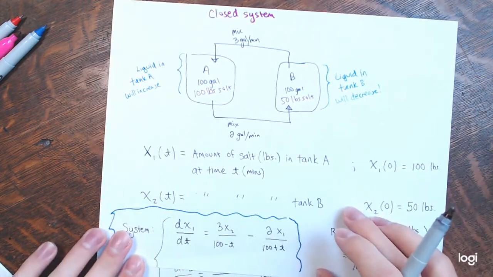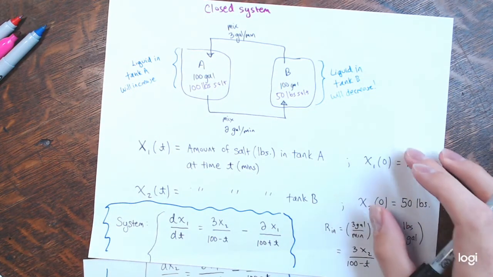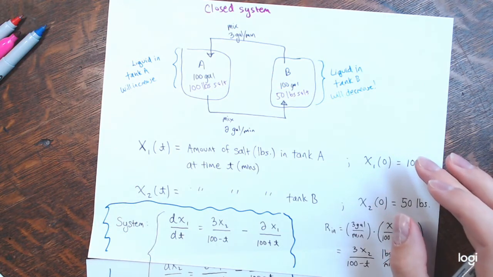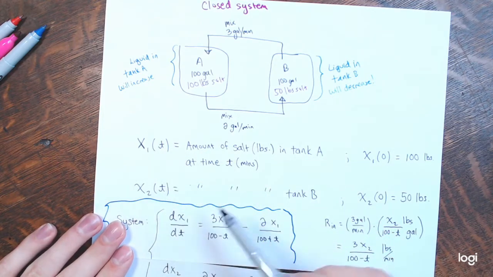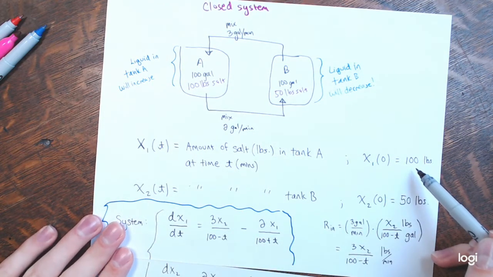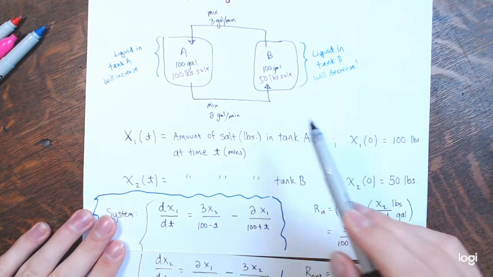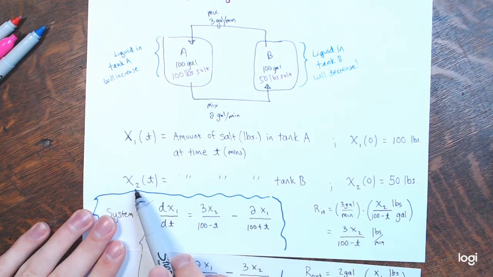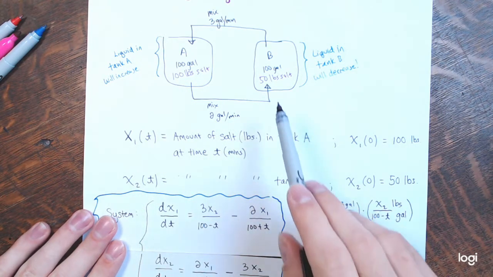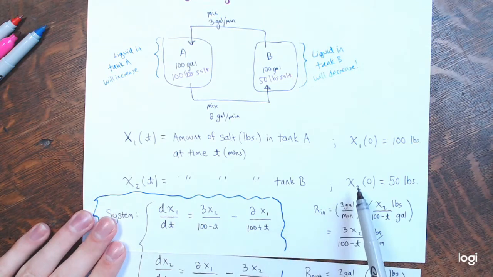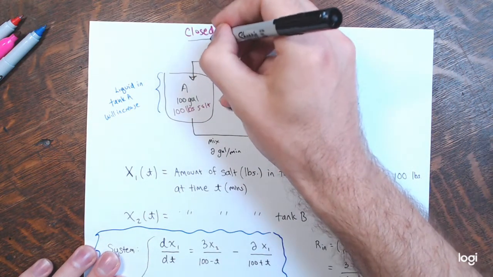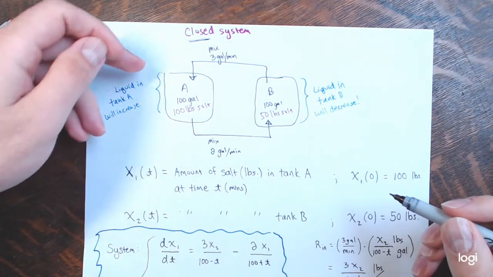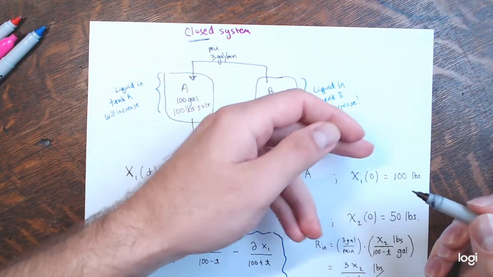Let's think about that. Remember, x1(t) represents the amount of salt in tank A at any given time, and the initial amount is 100 pounds of salt in tank A, and x2(t) is the amount of salt in tank B at any given time, and that initial amount is 50. Well, being that it is a closed system, no liquid is being introduced, no liquid is leaving.